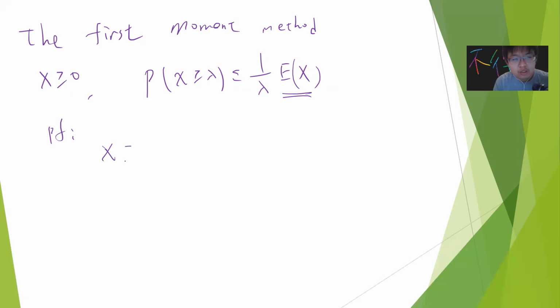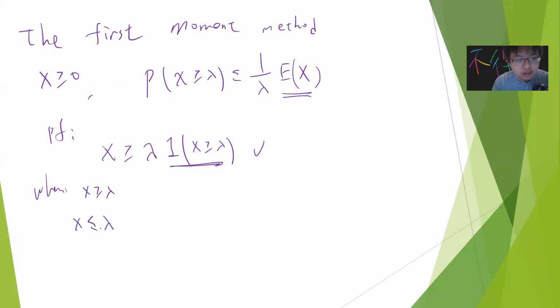Notice that lambda times the indicator of x greater than or equal to lambda is less than or equal to x. When x is greater than or equal to lambda, this inequality holds, because the left hand side is lambda and the right hand side is x, which is at least lambda. When x is less than lambda, the right hand side is still non-negative, because this is my assumption, and the left hand side becomes 0.